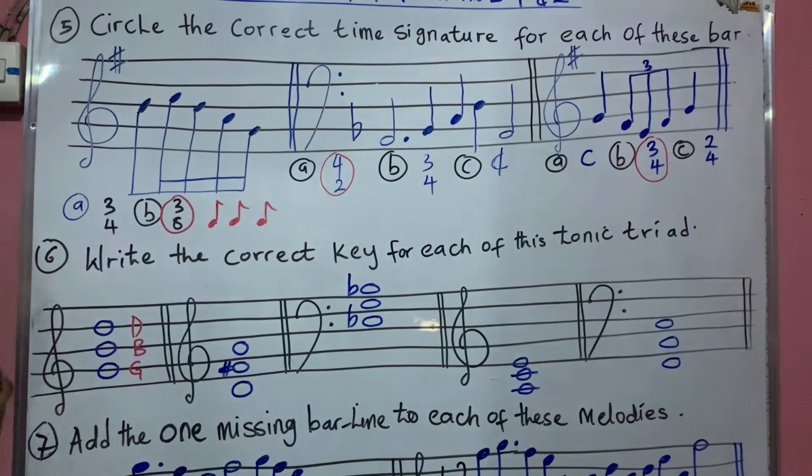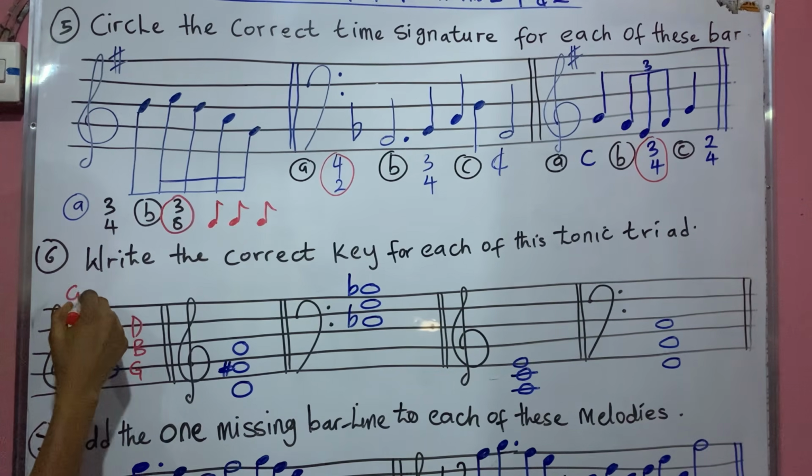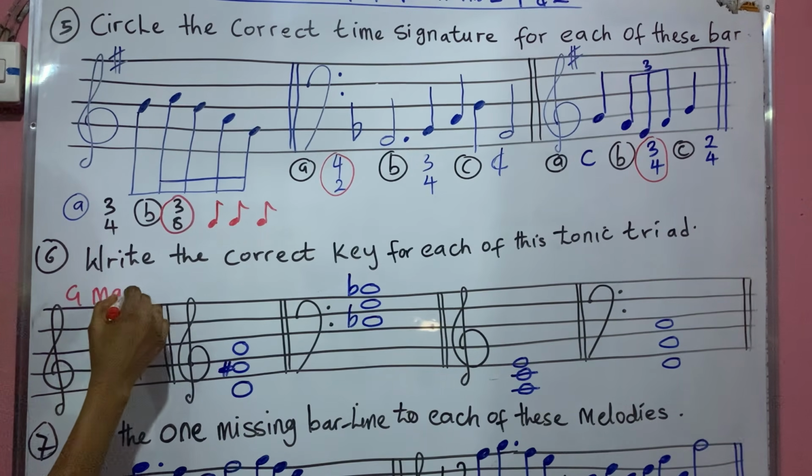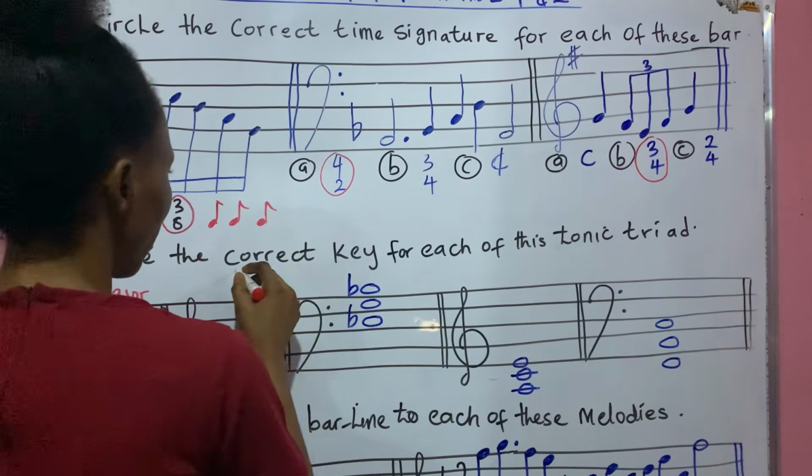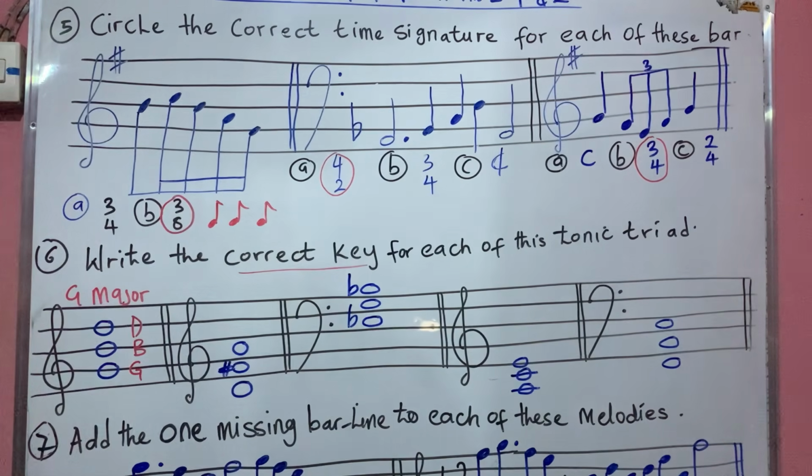This is G major. So the first one here is G major triad. So write the correct key. Is it C major, F major, minor? You're asked to write the correct key for each of the tonic triads.